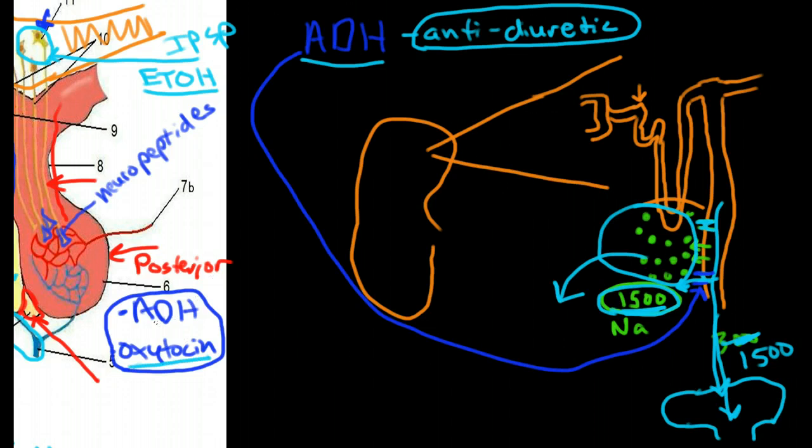both ADH and oxytocin. That's one reason if there's a woman that's having difficulty breastfeeding, it's probably a good idea to encourage them not to drink alcohol, because you're also going to suppress the production and secretion of oxytocin as well. But drinking alcohol decreases the production and secretion of antidiuretic hormone by this inhibitory effect in the hypothalamus.